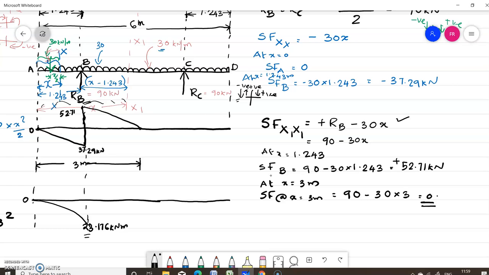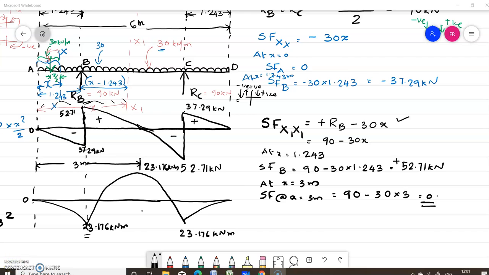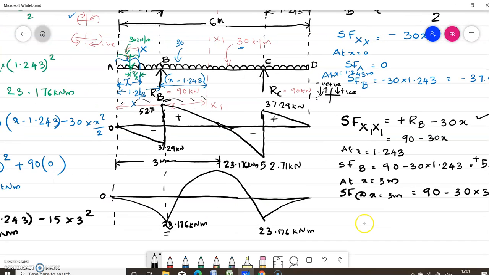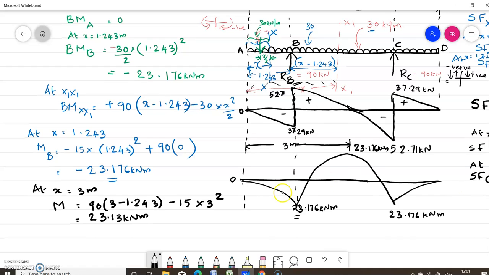So for the right half, it is symmetric, and we can draw it similar to the left half. So since the equation for bending moment varies with x, you can say the variation of bending moment is parabolic. The bending moment diagram is parabolic.